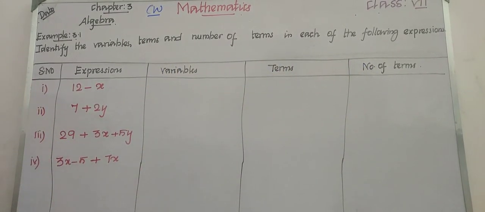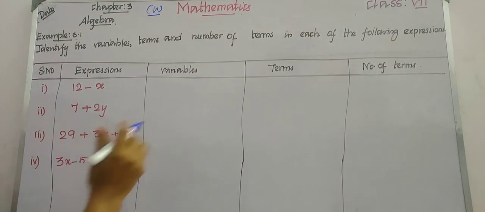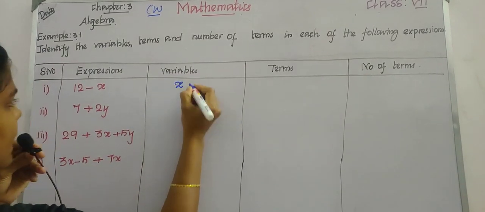First of all, what is the first expression? 12 minus x. What are the variables given here? Variables are the English alphabets. So only one variable, x, is here.